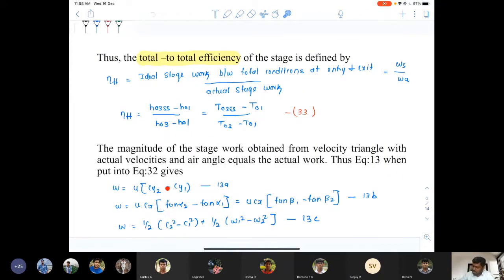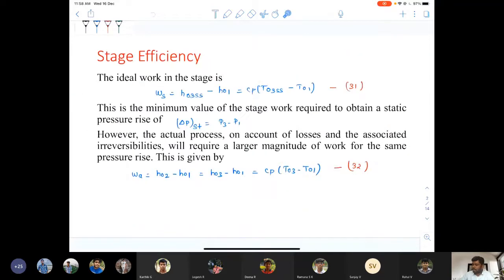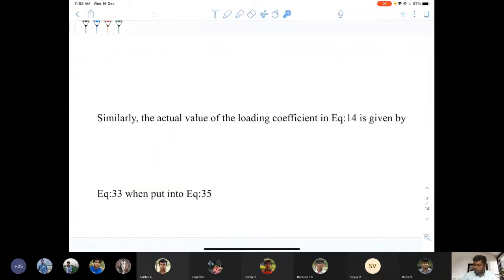Now, if you substitute this in equation number 32, you will get h03 minus h01 is equal to U into Cy2 minus Cy1. Consider this equation as 34a.